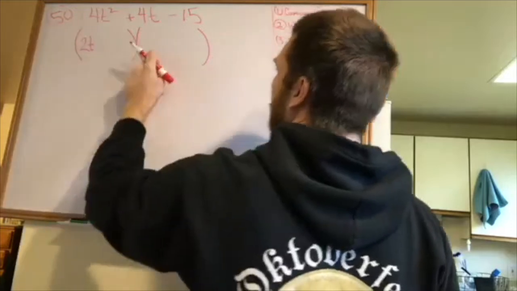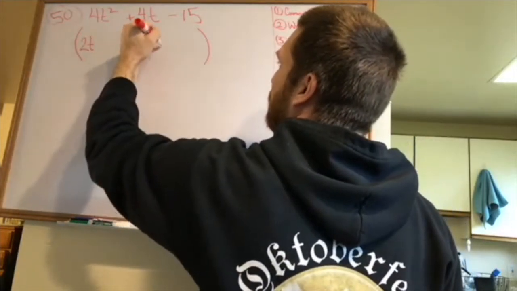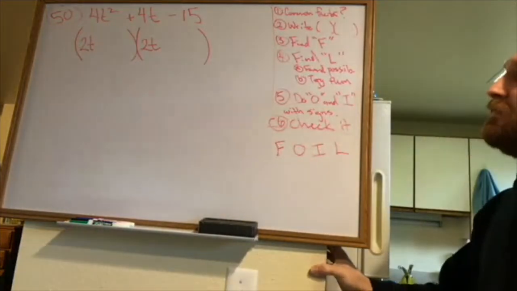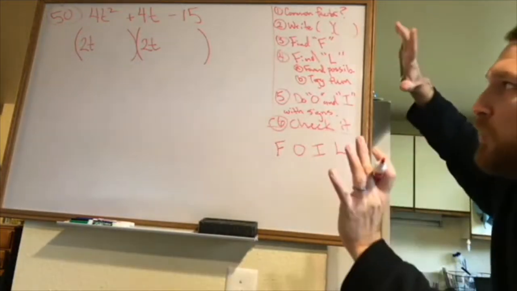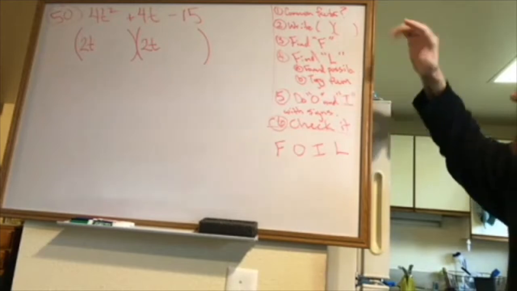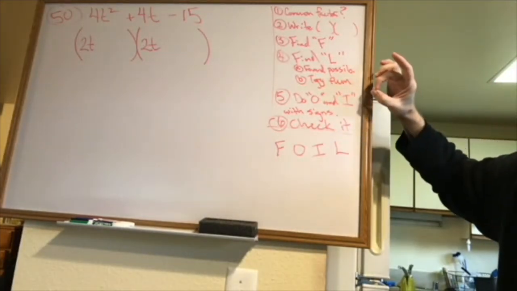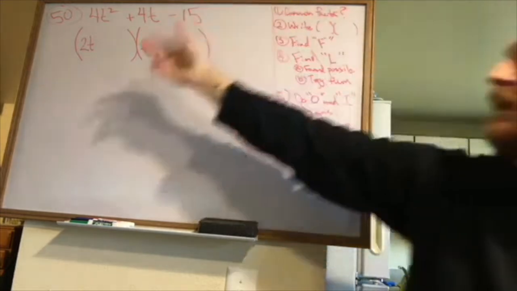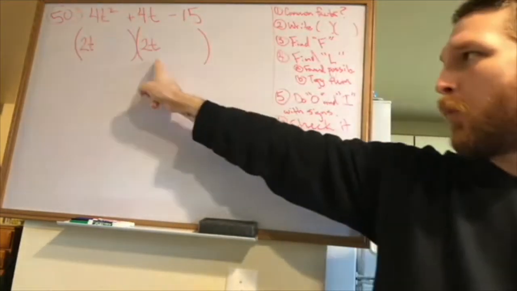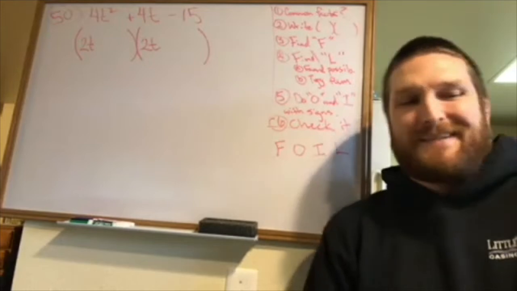Nice. And then what about here? 2t. 2t again. All right. So that's my candidate for f. And it might be, we don't know yet, but we might get all the way down to here and then find that every single thing we have tried has not worked, and we have to go all the way back and change this to a 4 and a 1. Sometimes that happens, and that's tough. Sorry, that's life.